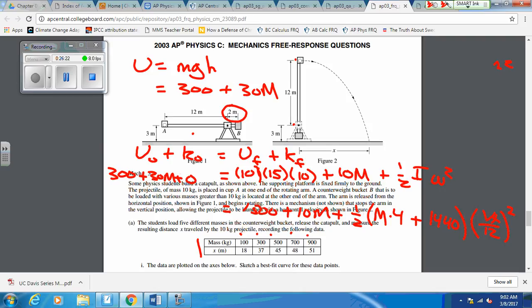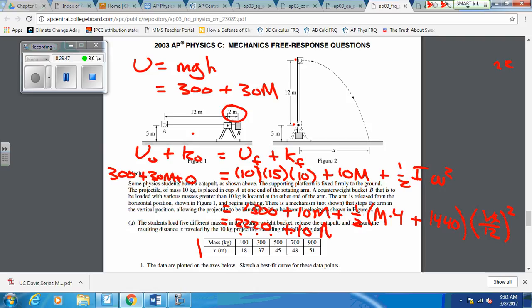Okay, so it's a matter of solving this equation, kind of a pain in the neck, but I think I can do it. So we're going to have 1,500 here, and we're going to have another 720 there, so that's 2220 plus 10m plus a half of 4m is 12m. Oh, no, wrong, bad.